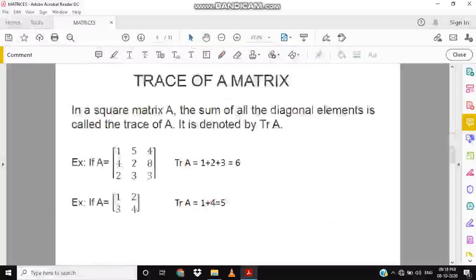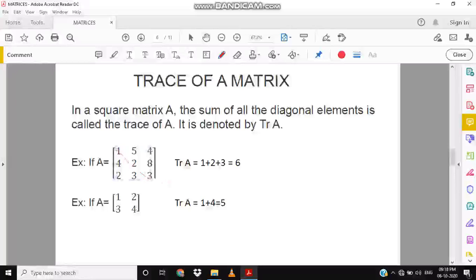Now come to the next topic. It is trace of matrix. What is trace of matrix? It is the easiest one and the simplest one. You get a matrix, and if you are asked to calculate the trace of that particular matrix, all you have to do is add all the elements in the diagonal position.